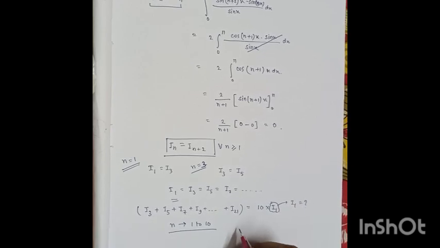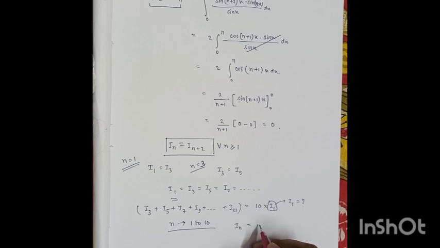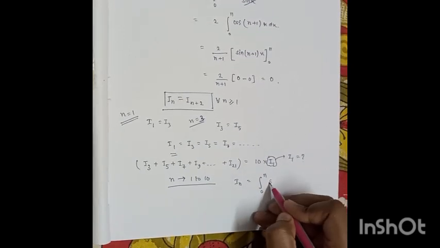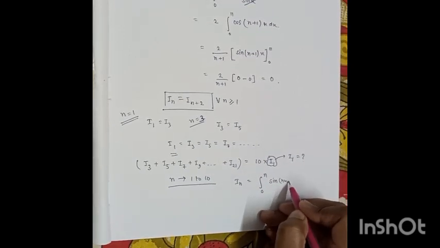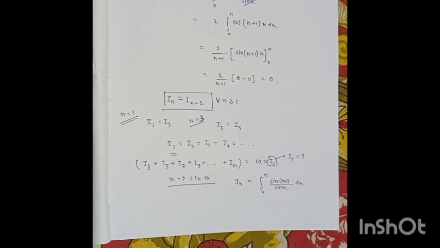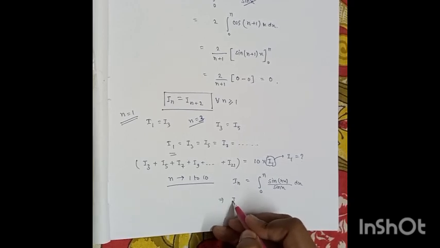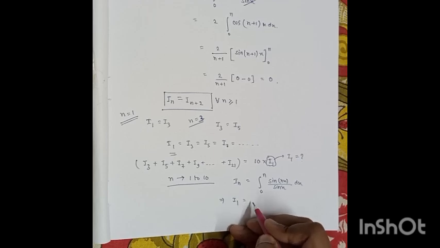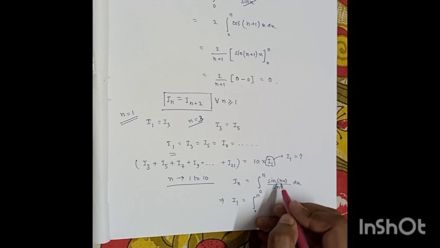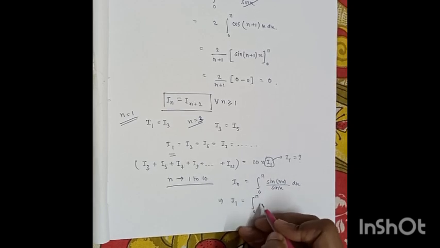Now see, we get In equal to the integral from 0 to pi of sine nx by sine x dx. Now if we put n equal to 1, then it becomes the integral from 0 to pi of sine x by sine x, that is 1.